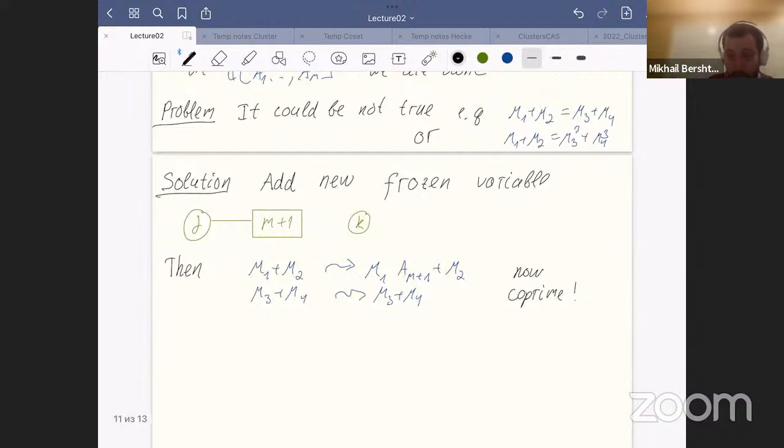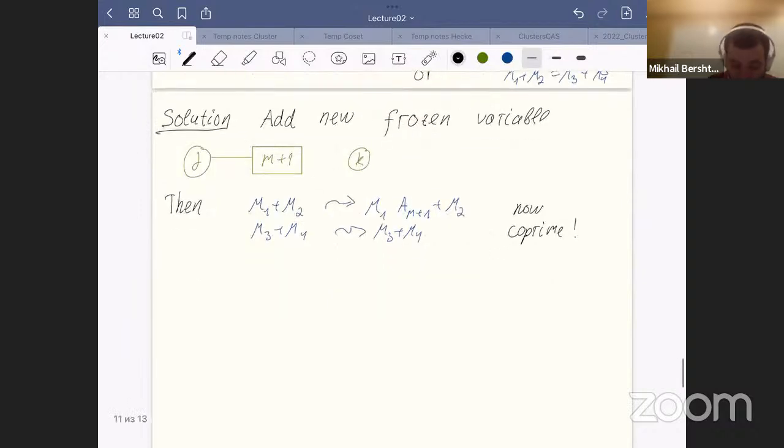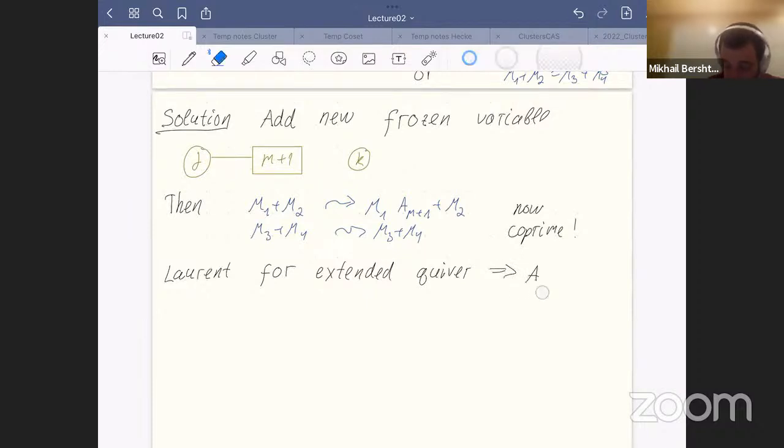Hence, for this new quiver, the new extended cluster algebra, we have the Laurent property. So we have Laurent for the extended one. But then we can set this new variable equal to 1, and restore the formulas for the original quiver.